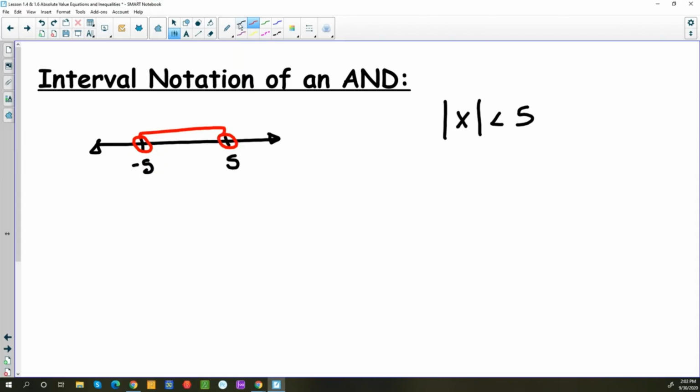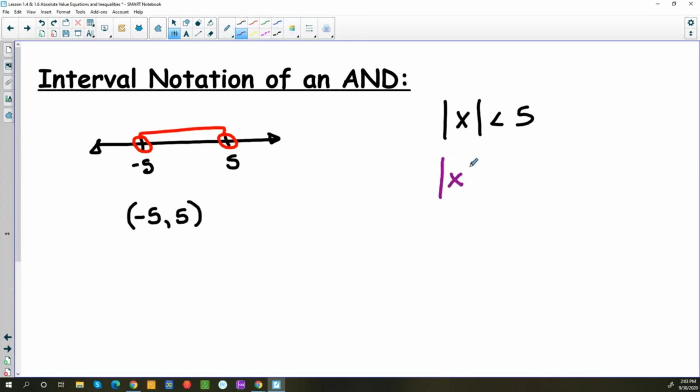What does that look like from an interval notation standpoint? Well, no arrows to -infinity or infinity. Instead, we have the overlap piece here. So that means that because of an open circle, we have a parenthesis at -5. And then we travel to 5 with another open circle. So that means parenthesis.